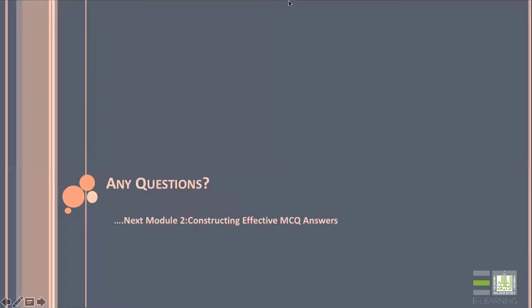If we begin with strategies for designing our STEM questions, there are 4 key principles that I incorporate in my own practice, which I'd like to share with you. The first principle is to make sure that the STEM question or the case study or the brief scenario is meaningful by itself.